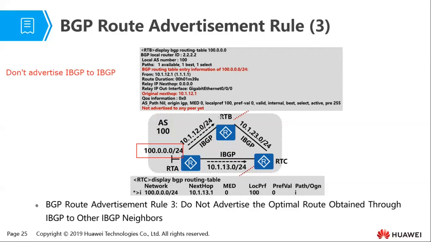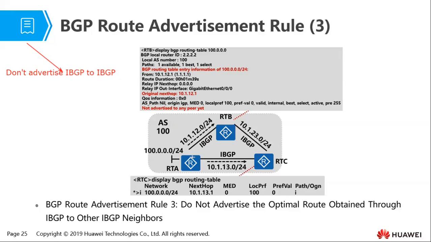Okay, now what happens is this. The reason as to why we do this, you cannot advertise a route learned through IBGP to other IBGP neighbors. The reason we put this rule is to prevent loops. That's the main reason, to prevent loops.